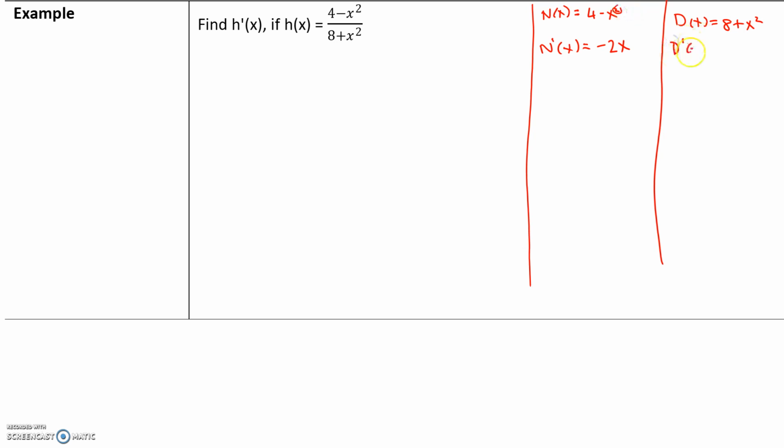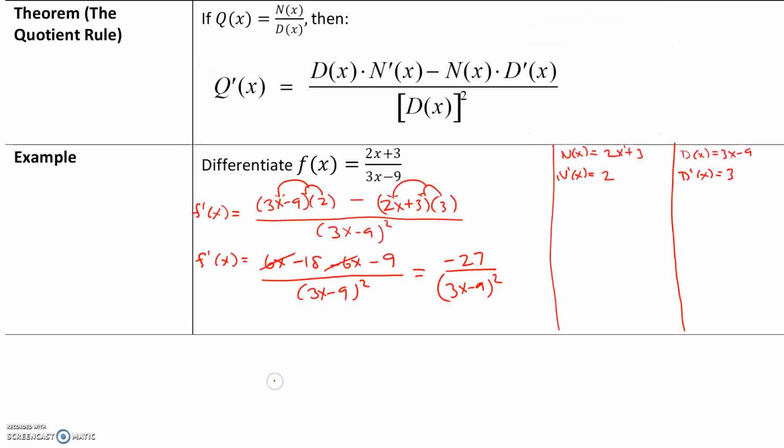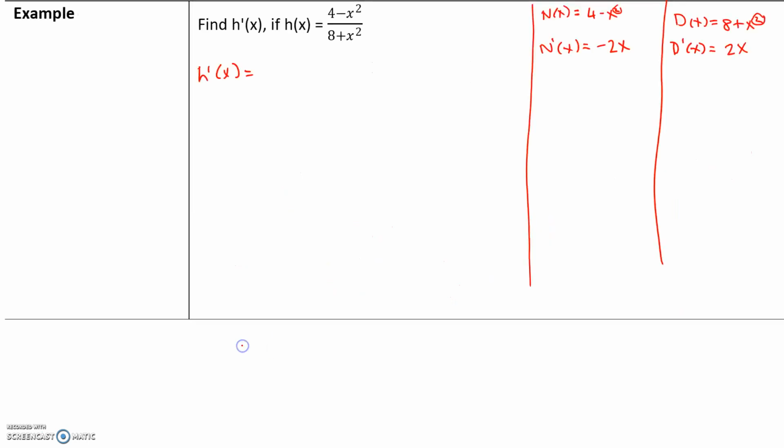For d prime of x, the derivative of a constant is 0, so that gives us nothing. For x squared, the 2 comes down, so this becomes 2x. We decrease the exponent by 1, and this gives us a positive 2x. Now we have everything we need. So let's find h prime of x. If you forget the formula, it's on the other slide. So we start with d of x.